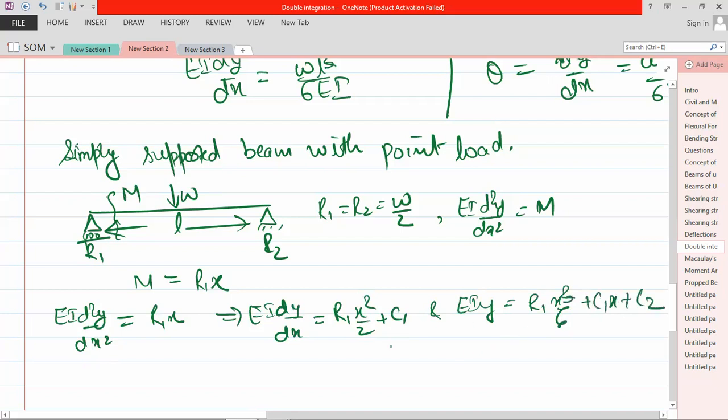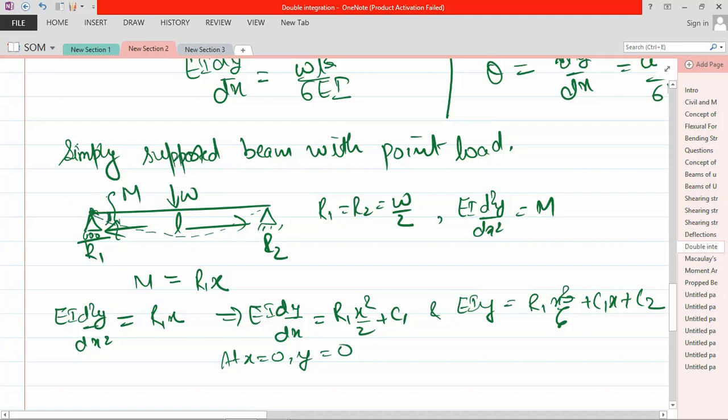Now what are the boundary conditions in this problem? You can obtain that at x is equal to 0, y is equal to 0, because of the support there is no deflection. But you cannot say that at this point the slope is 0. Why? Suppose I draw the deflection like this, it has an angle theta.